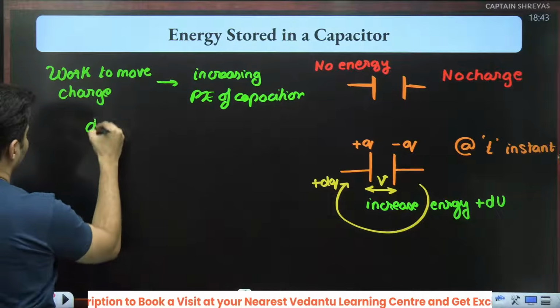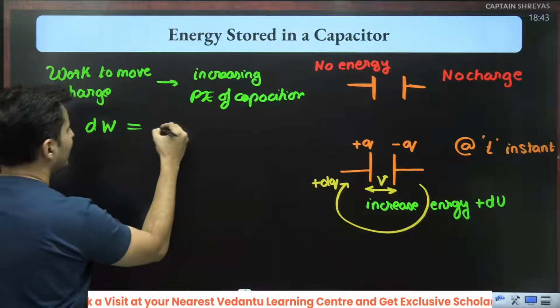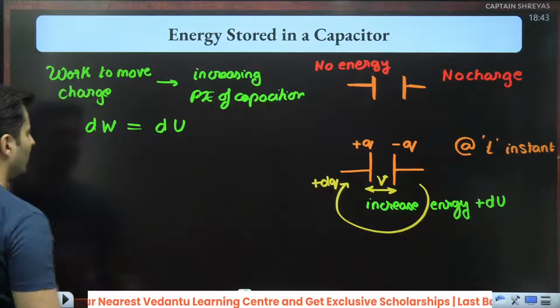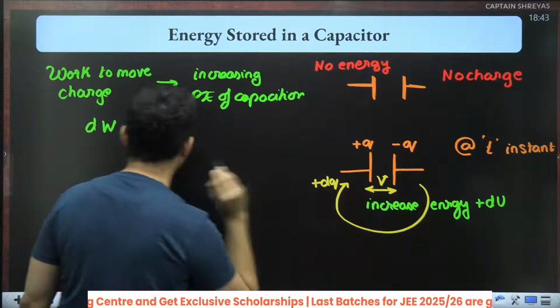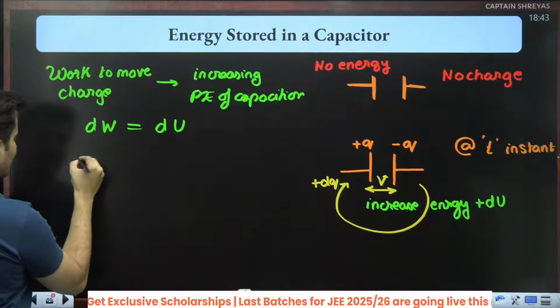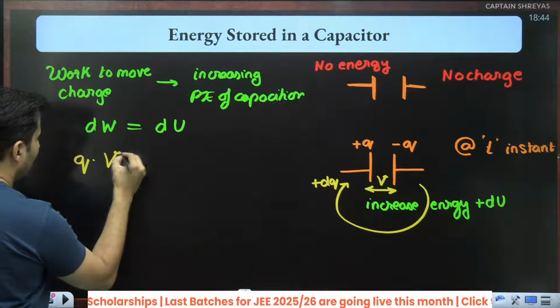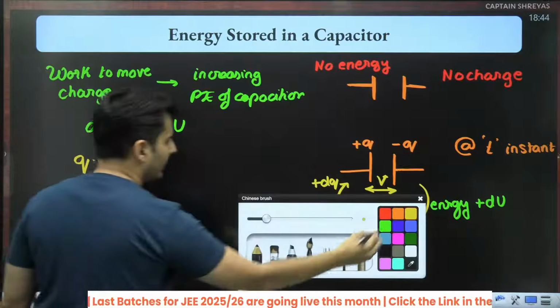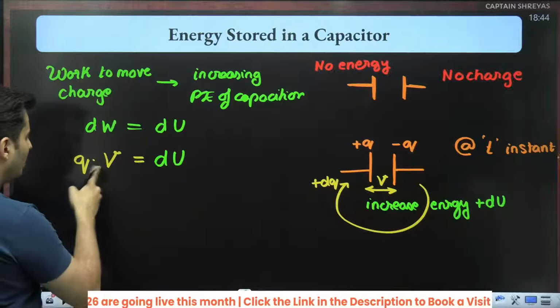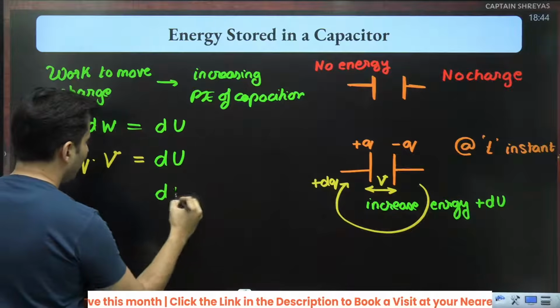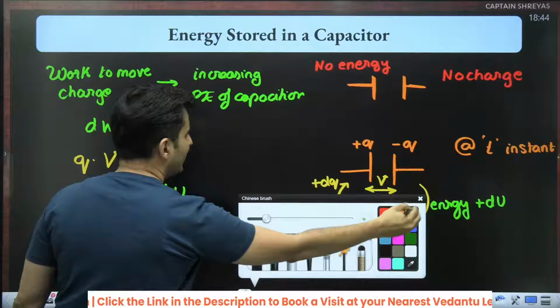What is that work done? dW. What is the increase in the energy? That is dU. What is dW? We have seen this in electrostatics, work done on a charge is the charge itself multiplied by the voltage difference. That is basically dU. Oh, wait a minute, do I know the value of voltage?